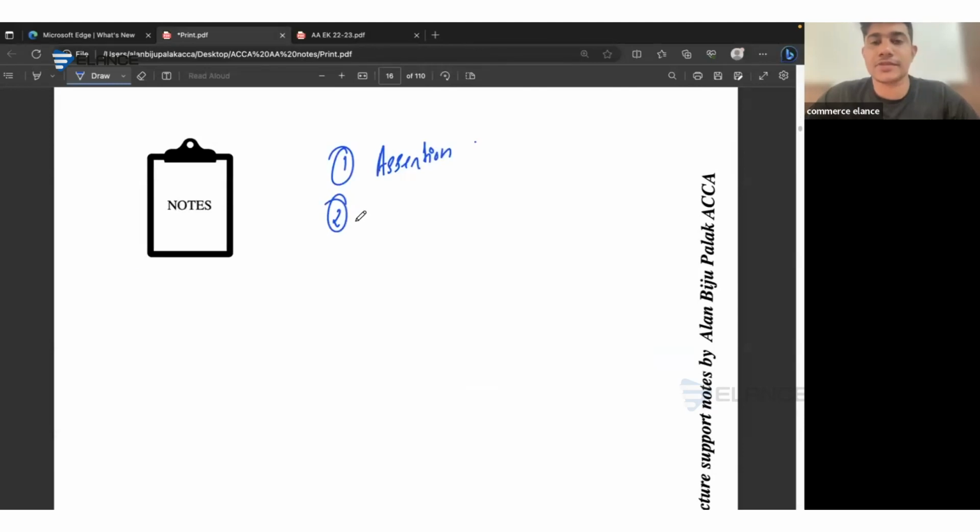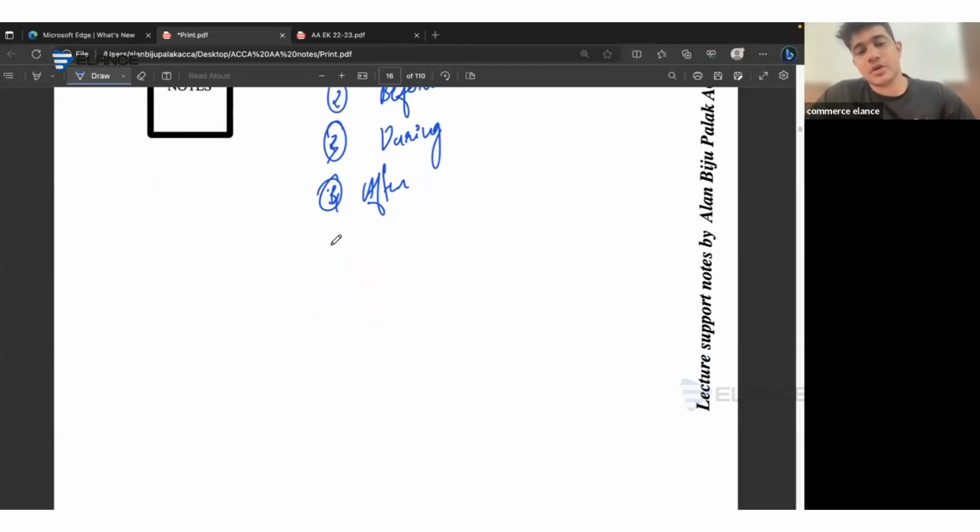Then next we have studied points that we need to perform before the inventory count. Then points that we need to consider during the inventory count, then after the inventory count. We have also studied points in relation to inventory held with a third party.